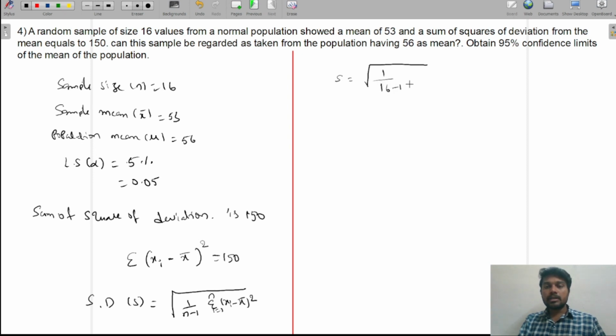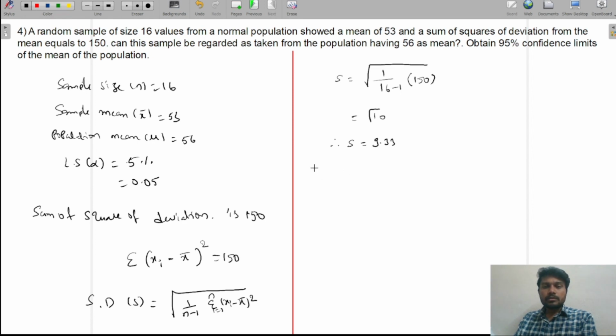So 16 minus 1 into the summation xi minus x bar whole square, whose value is 150. Then it is root 10. So therefore S equal to 3.33. So this is the value of the standard deviation. So I think now we got all the values.